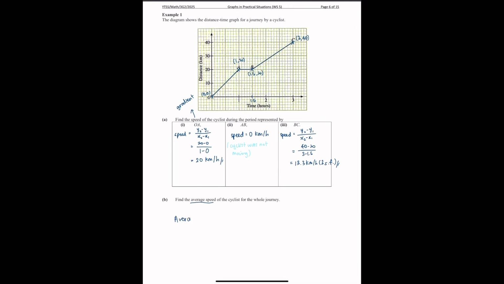So let me write out the average speed formula first. Total distance over total time. Okay, to find the total distance, we need to see where it ends off.